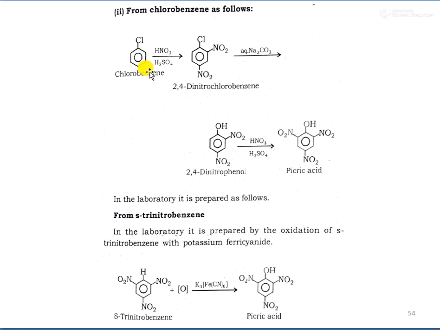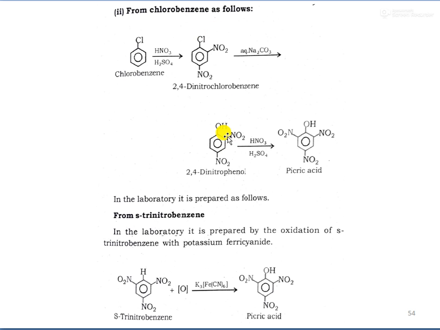Chlorobenzene, when treated with nitric acid and sulfuric acid, undergoes nitration, and in this case the NO2 groups are substituted at the ortho and para positions. Then this is subsequently treated with aqueous sodium carbonate, which makes the chlorine leave.